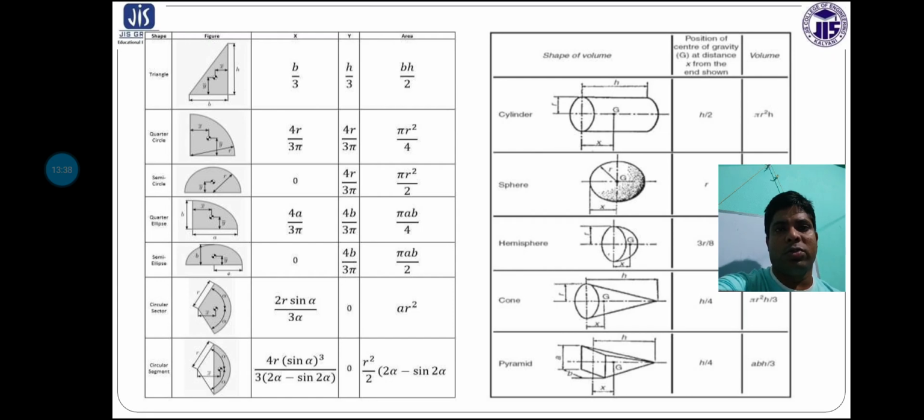Now the next one is the circular sector. A circular sector means a circular section with a certain angle, and that is considered here.